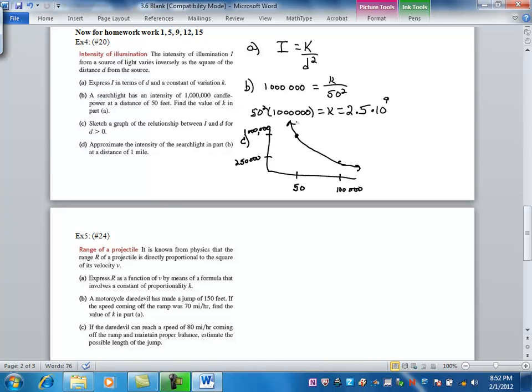And then finally part D says approximate the intensity of the searchlight in part B for a distance of 1 mile. So for part D, I'm looking for the intensity. My K value is 2.5 times 10 to the 9 over a distance of 1 mile, which is 5,280 feet.